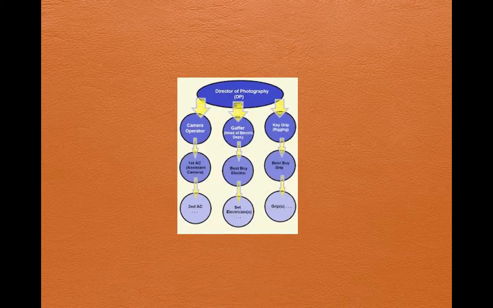Now, the director of photography, because they're in control of the vision that the director wants shot, is in control of the other two departments that supplement the camera people, the lighting department and the grip department. The lighting department is basically the gaffer and the key grip. The gaffer is the chief lighting technician, hires the people underneath them, and the key grip does the same.